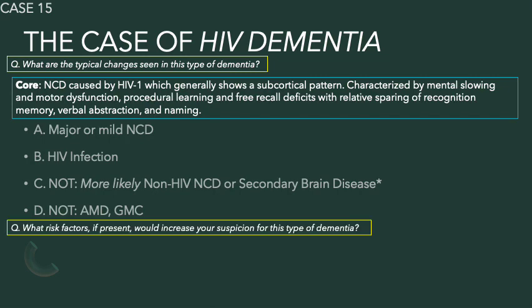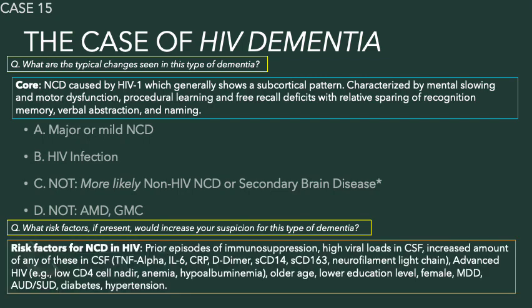In response to what risk factors, if present, would increase your suspicion for this type of dementia?